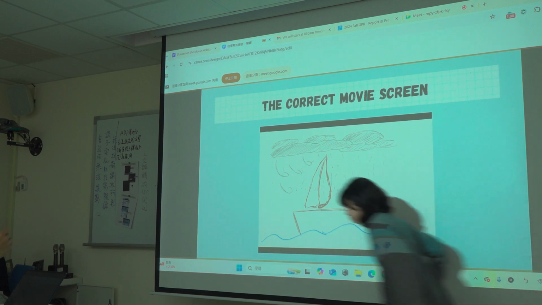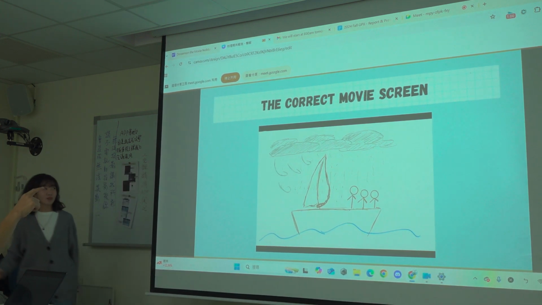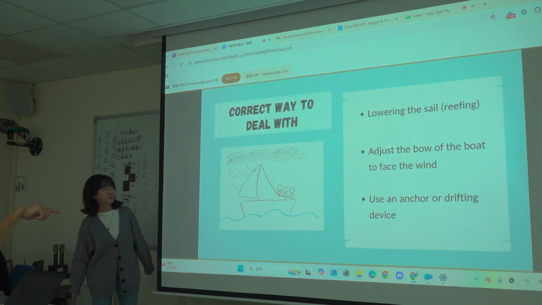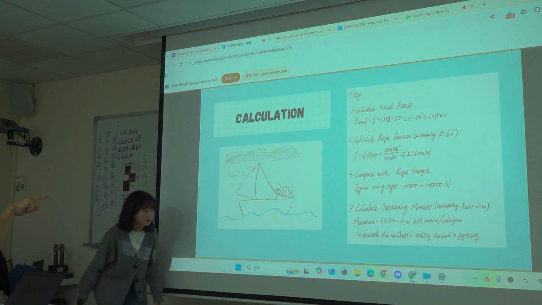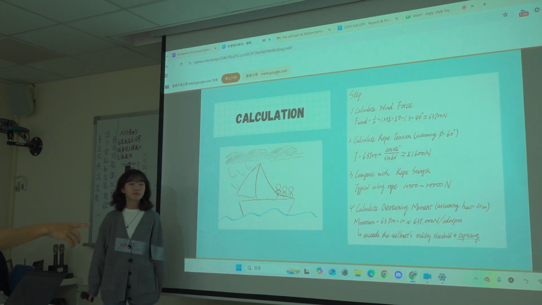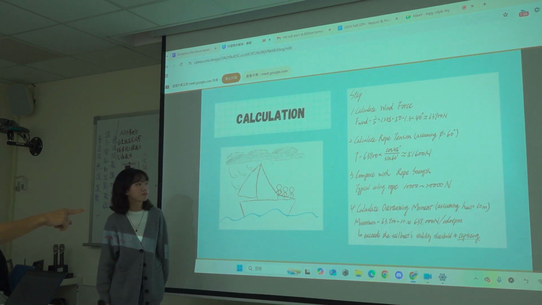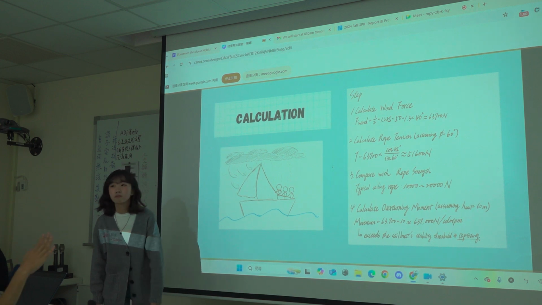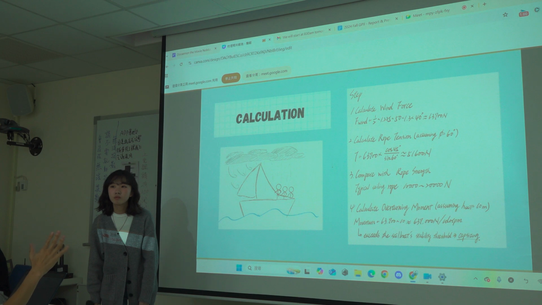Can you go back a little bit? So, in your calculation, here you're assuming the rope strength, but you're trying to change the direction of the sail, no? You're not trying to pull the sail, right?